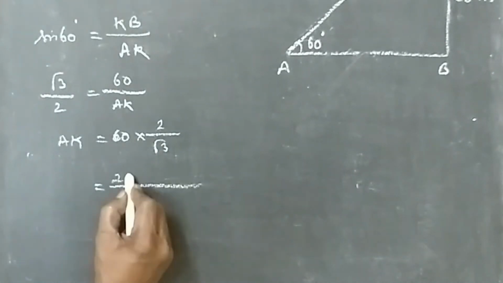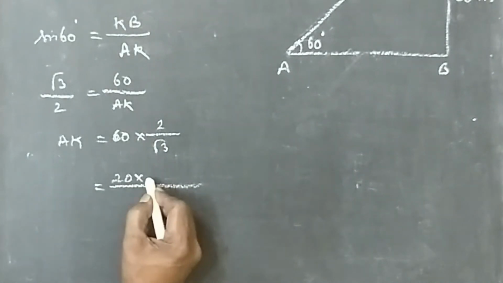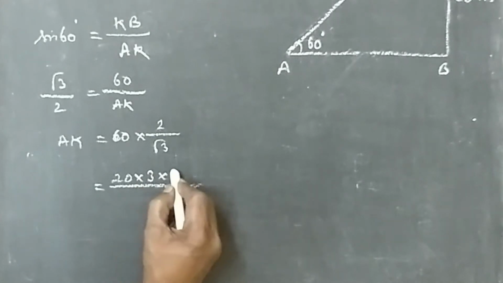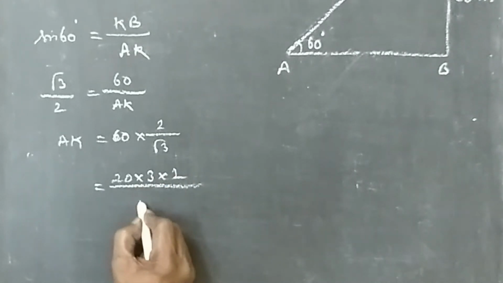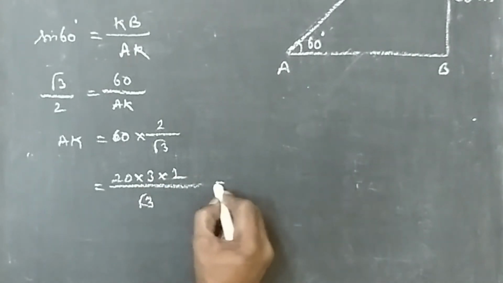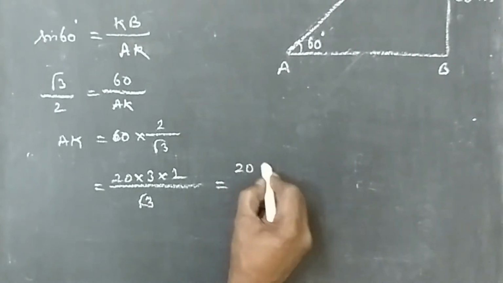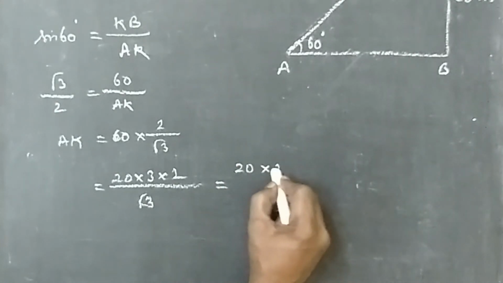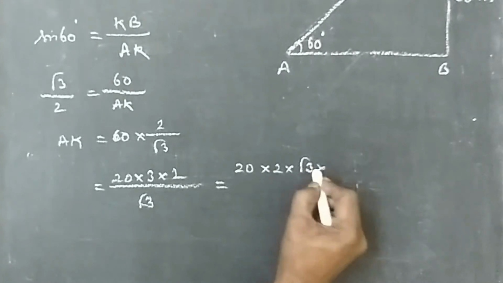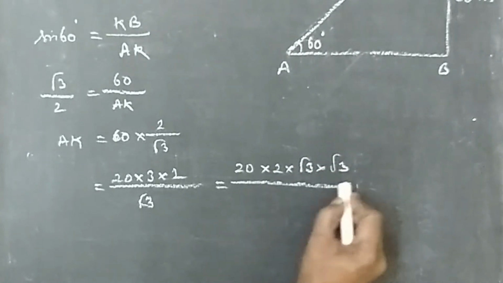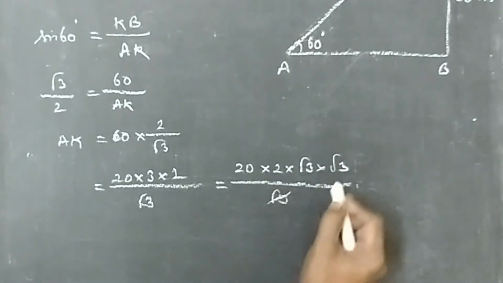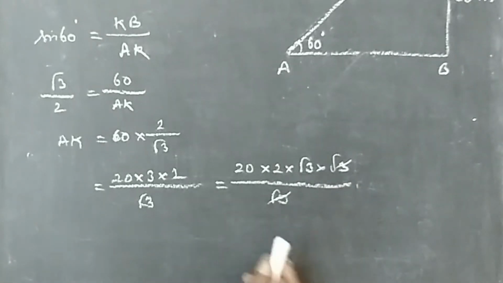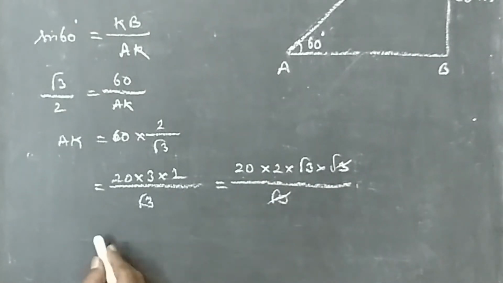This equals 20 into 3 into 2 by root 3. This equals 20 into 2 into root 3 into root 3 by root 3. Root 3 gets cancelled. Twos are 40.